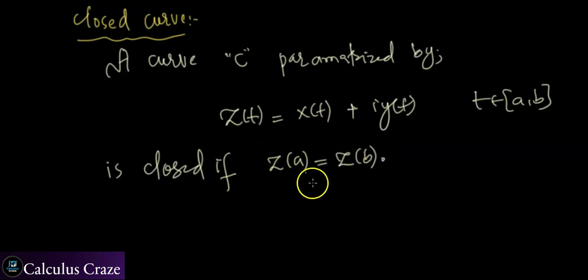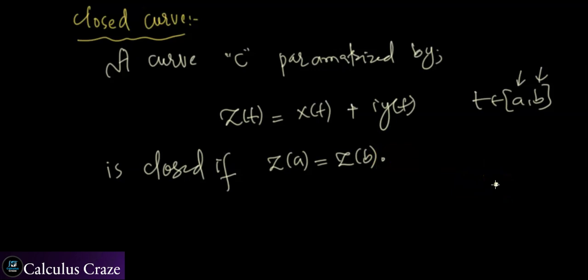So if at the endpoints a and b the values of z are the same, then we can say that the curve is closed. Okay, so you can see a circle as an example of a closed curve.